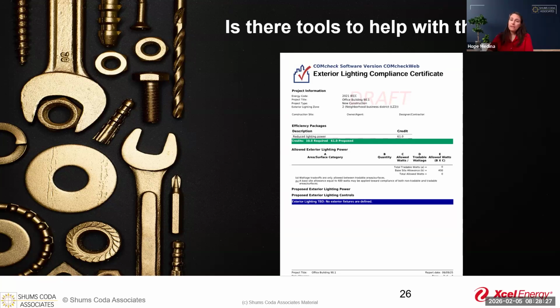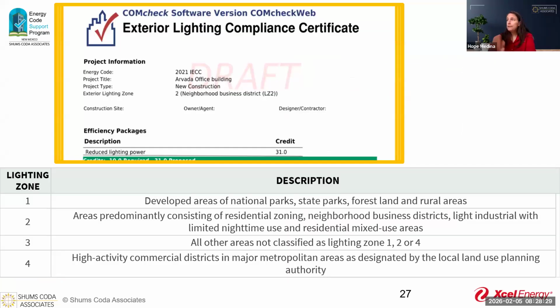So it's a wonderful tool to have. Now, how it works. If we take a look at this one, you can see that it shows right here our exterior lighting zone. That is calling out that it's going to be 2.